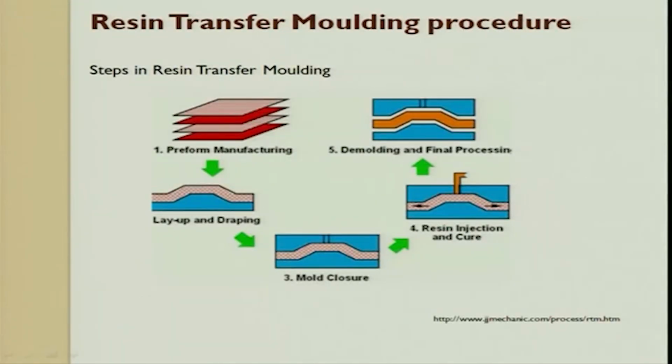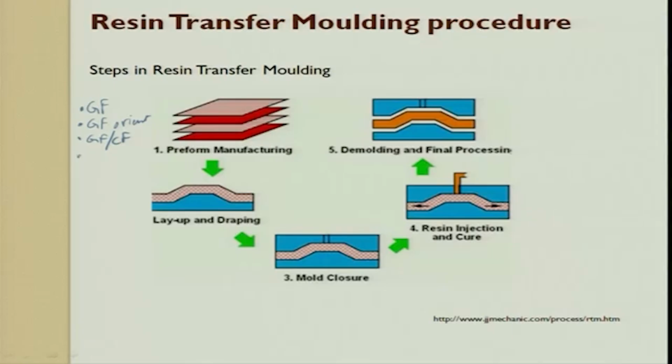In the resin transfer molding steps, you can see that the first step is preform manufacturing. That is nothing but the reinforcement, with varying orientation. The options can be, say, take glass fiber, and the orientation is one variant you can change. Then you can take glass fiber and carbon fiber.